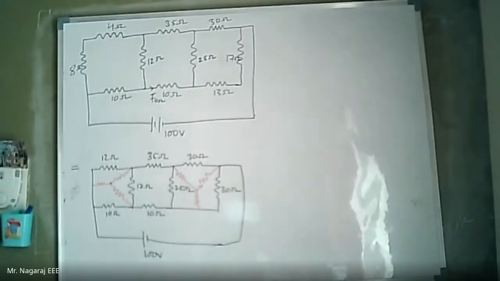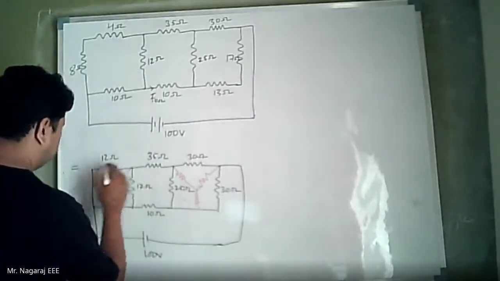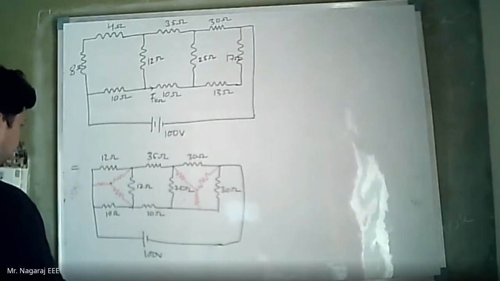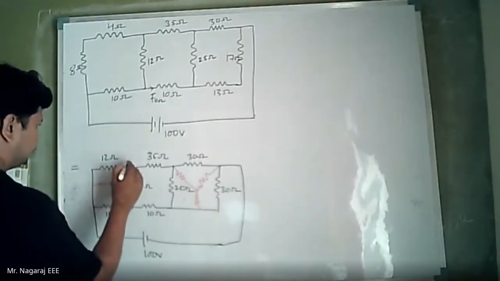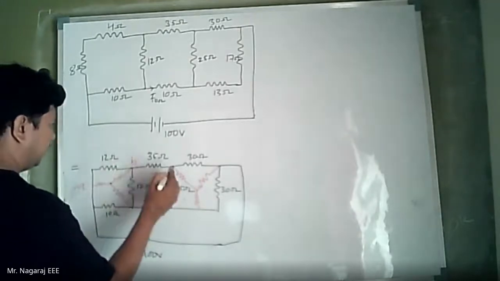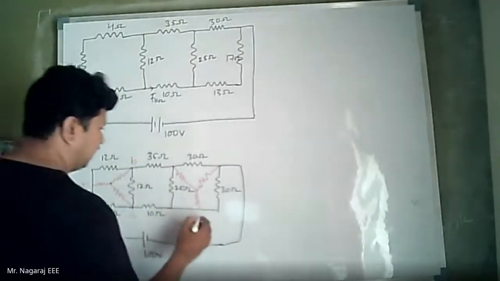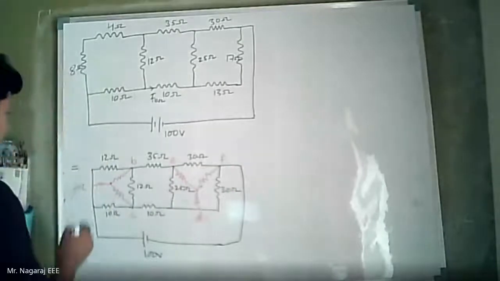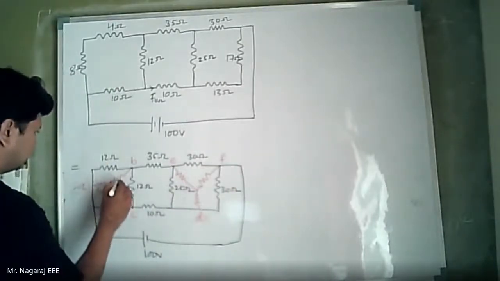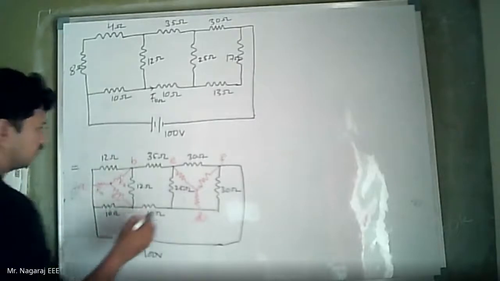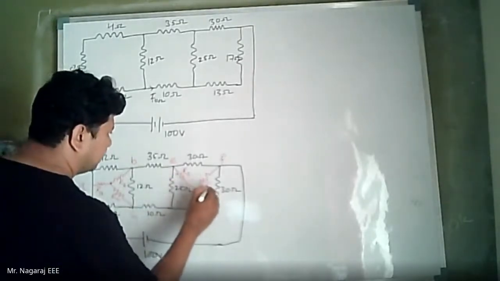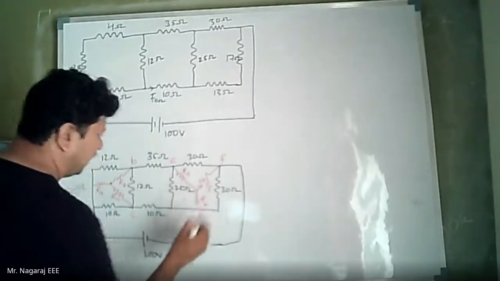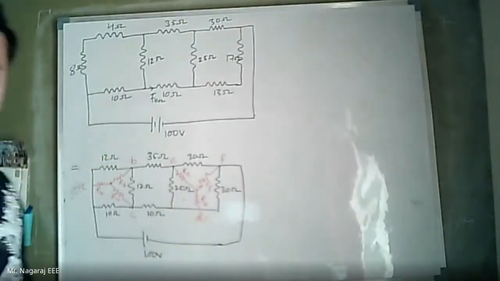So now we are converting delta to star. If you want, you can name the nodes: let these be A, B, C, and D, E, and F. So this is RA, this is RB, and this is RC, RE, RF, and RD.